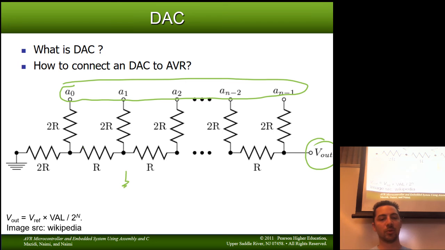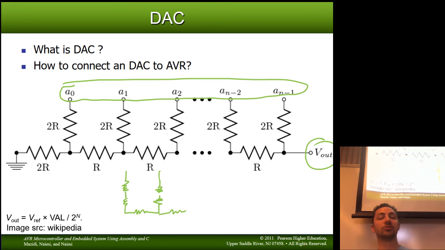You put 2 resistors in series and then 1 resistor, and then 2 resistors in series and then 1 resistor. So if you're designing this for manufacture and you just need a cheap and dirty DAC, you can do it with just a single resistor. Chances are you've got resistors somewhere on your board.